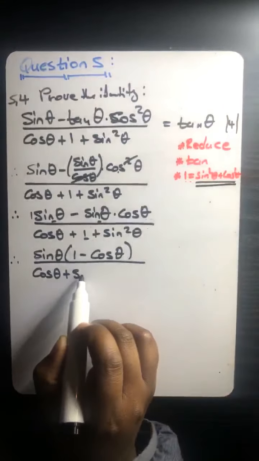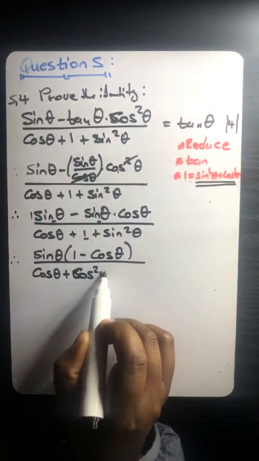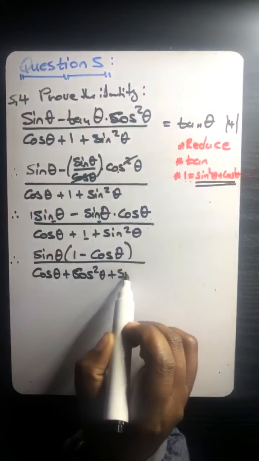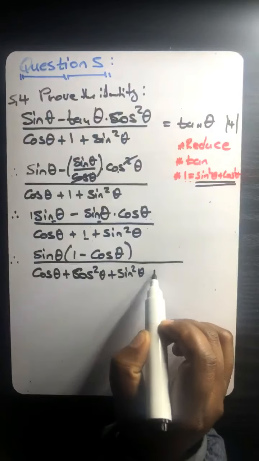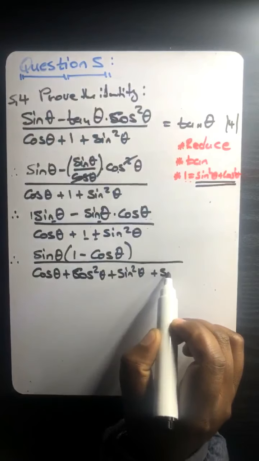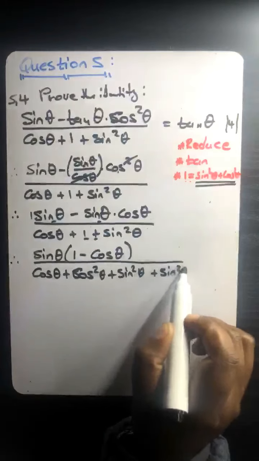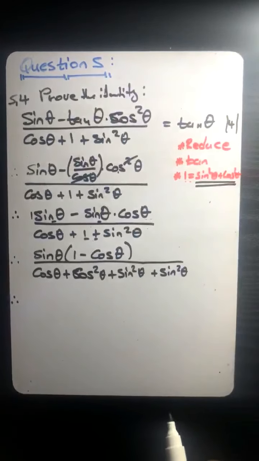So let's maybe write it as cos squared angle plus sine squared angle. Remember, we still have plus sine squared angle there. I'm not sure, did that step make sense to everyone?